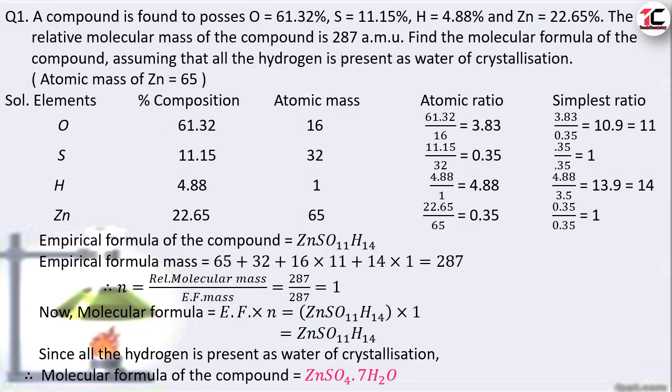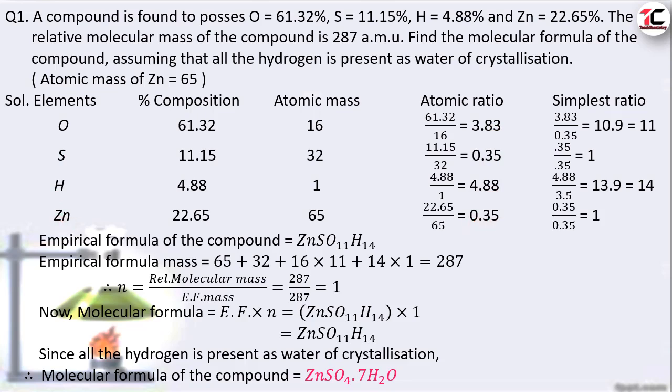So we will get the atomic ratio on dividing 61.32 by 16, that is percentage composition by atomic mass. We will get 3.83. Similarly, for sulfur it is 0.35. For hydrogen it is 4.88. For zinc it is 0.35.